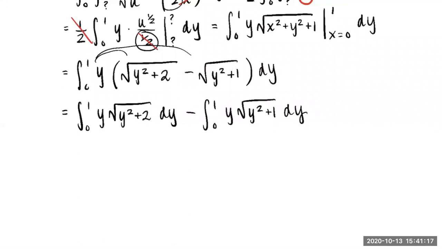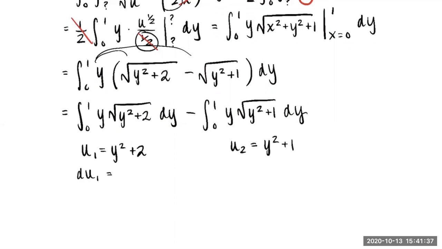All right, so in both of these cases, we need a u substitution. So to keep them straight, I'm going to call the first one u sub 1, and that's going to represent y squared plus 2. And I'm going to let the second one be u sub 2, which is y squared plus 1. Their derivatives happen to be the same, right? du1 is going to be a 2y dy, and du2 is going to be a 2y dy.